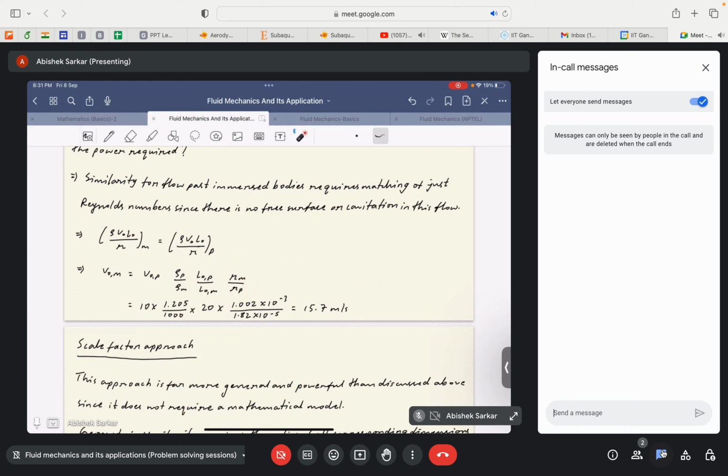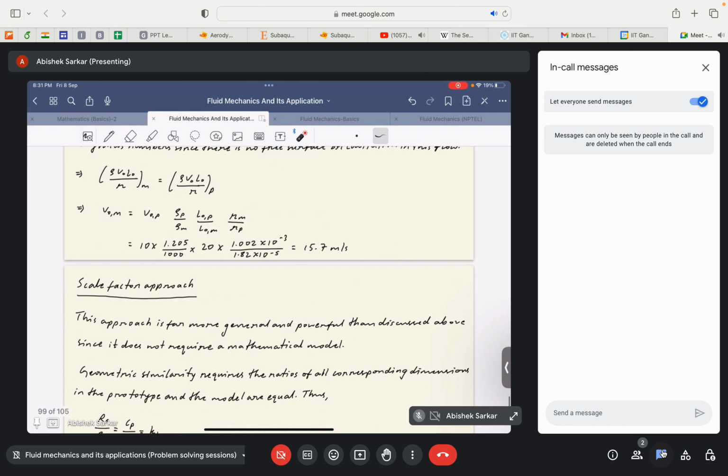So we need to know these values since the fluid is different. In the previous case, the fluids were the same, so essentially these two terms would have been constant for the previous experiment, but since this is different in this case, we need to know how these are different for air and water. Once we know that, just substitute the values here.